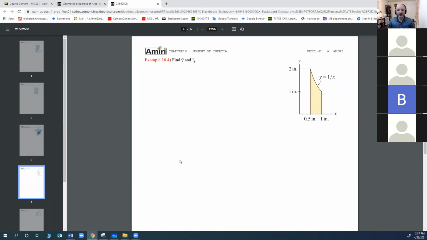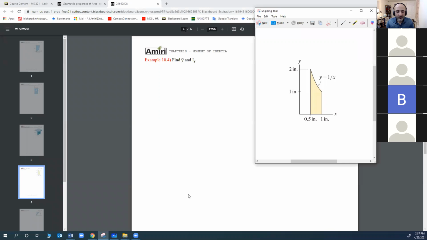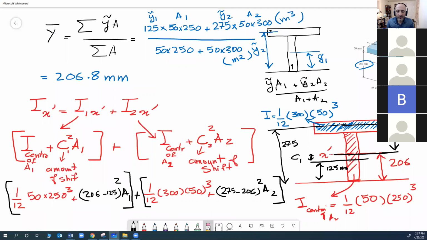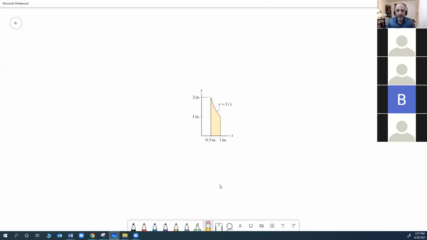Let's look at this problem. Find y bar and I sub y. All right, so let's do the y bar.